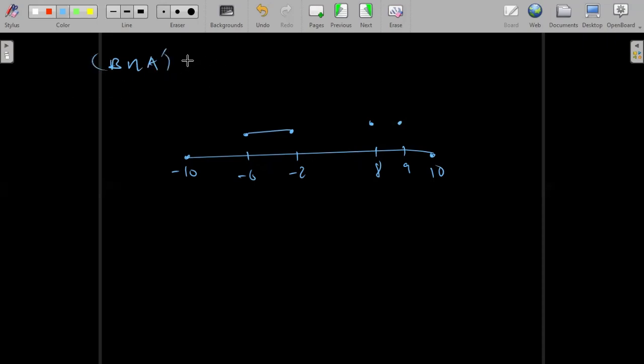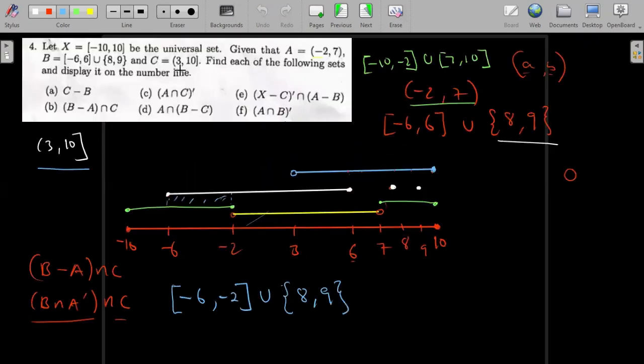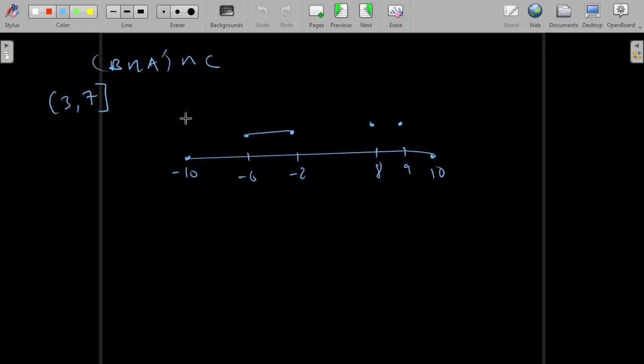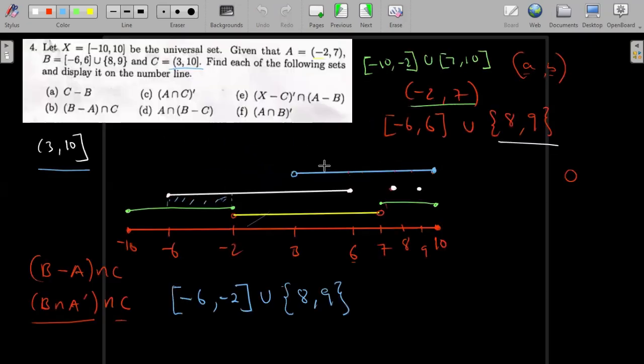Then they tell us we must intersect this with the set C. Now the set C, remember, is from 3 to 10, if we check well, it's given here. So this has to be 10, not 7. 3 to 10, and that 10 is included, is part of that interval, and we wrote it in blue.